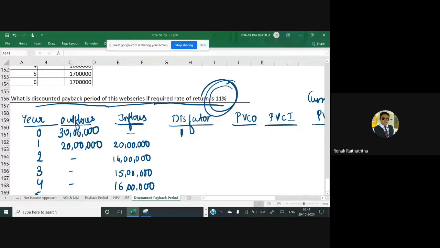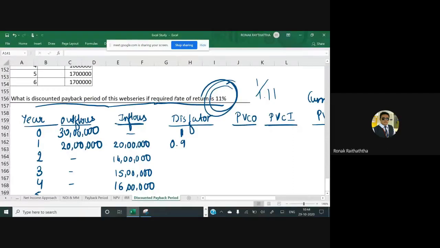Okay, now others would give me the answer of 1 divided by 1.11 starting from year number 1. May I have the answers, please? 0.9... 0.9009.